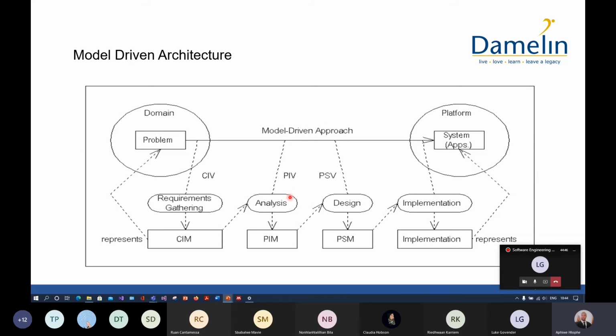Doesn't matter. We can take these two layers of abstraction and then become platform specific and design for that particular platform. So that's the beauty of using model-driven architecture: you separate the functionality of the system from the implementation, how it's going to be implemented.